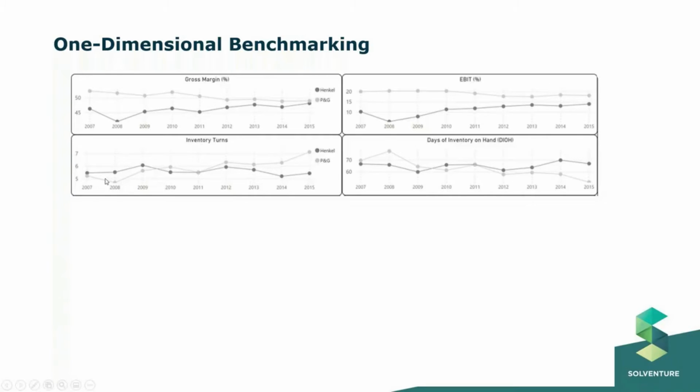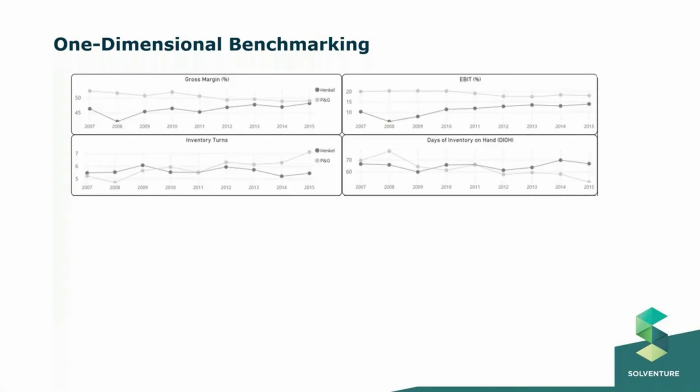If we look at P&G, it's also going up and down a bit, but there is a clear trend that the inventory turns are going up, or vice versa, the inventory in days are going down. So we see that P&G has done good improvements. Inventory in days down to probably around 50 days, where Henkel is rather around 70 days. So P&G, the better in inventory performance.